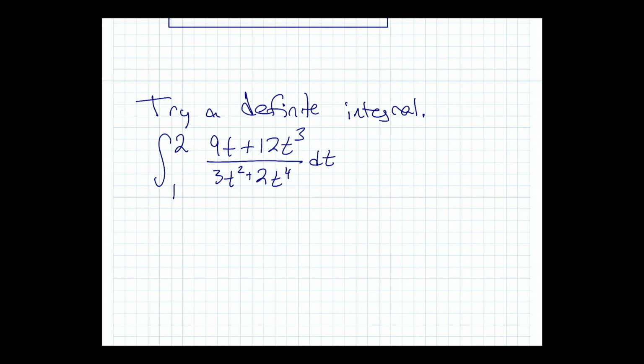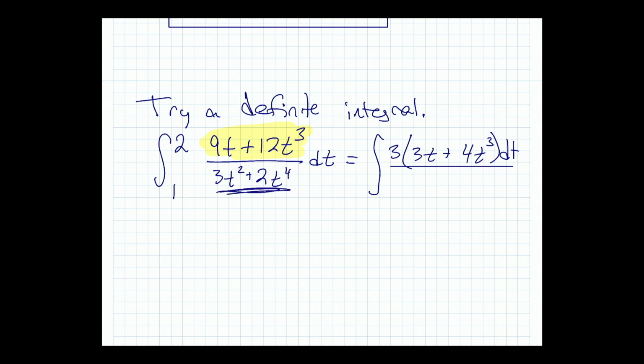Now, like I said on the previous problem, I would recommend that in your numerator, if you can factor out a constant, then factor out the constant. It makes it easier to make the substitution. So I look at 9t plus 12t cubed, and they have a 3 in common. So let's take out a 3 and have 3t plus 4t cubed, and I'll put the dt there.